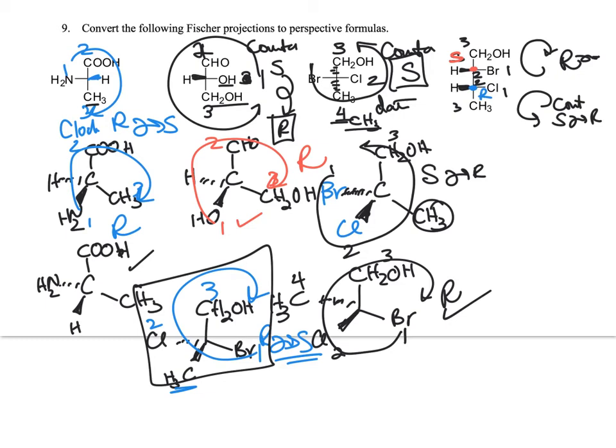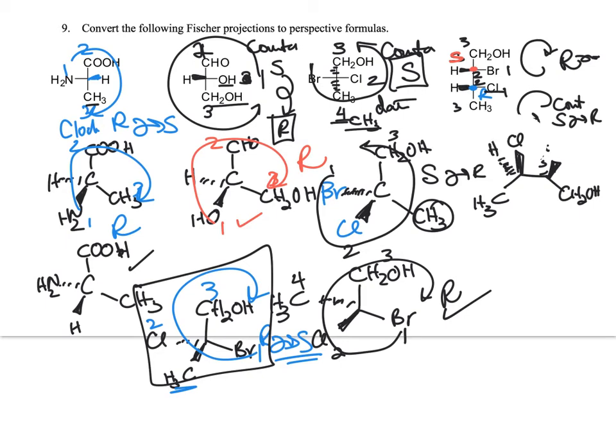So when you draw this, you could just draw it like CH2OH, CH3. You're going to have your dashes and your wedges, and then you could put hydrogen on the same side here, bromine, and that should actually be chlorine.